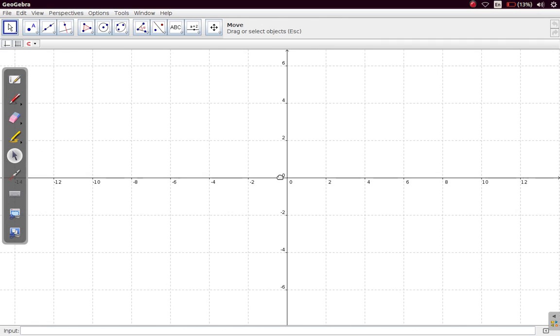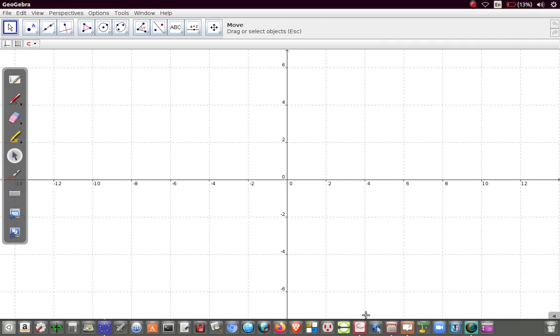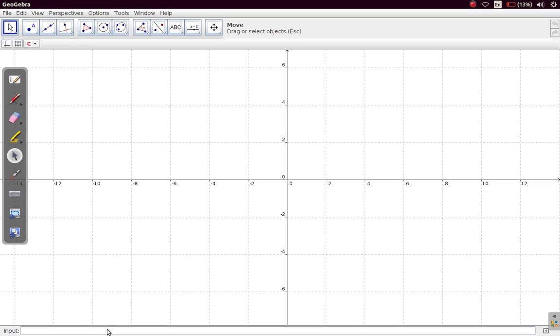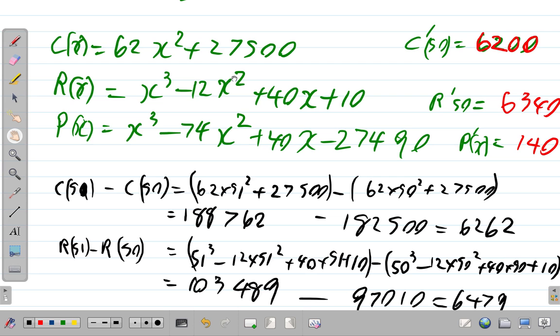The cost function here, 62x squared plus 27,500. So what we have, 62x to the power of 2. That's 62x, all right, to the power of 2, plus 27,500.